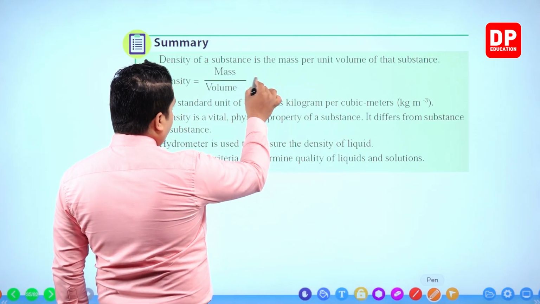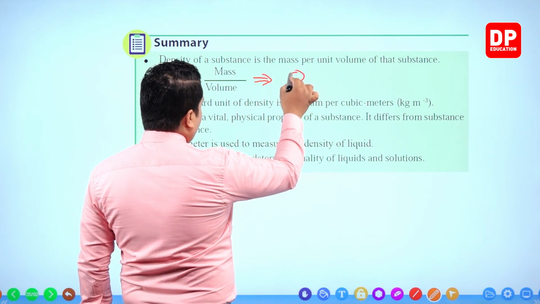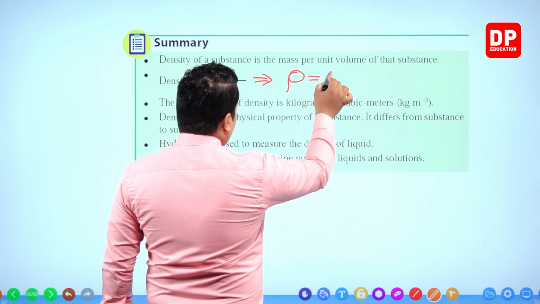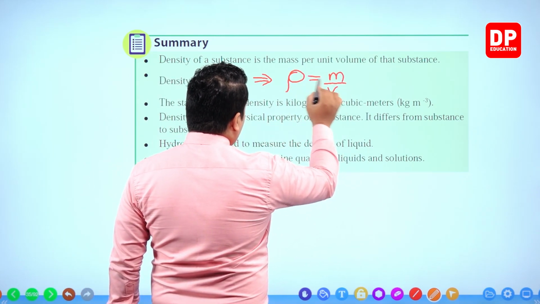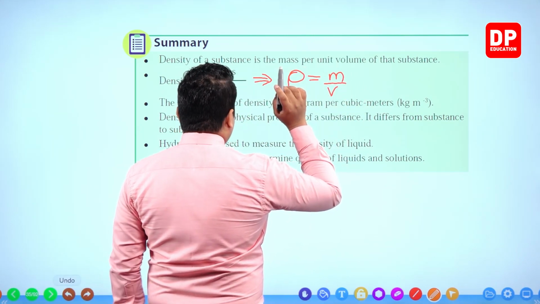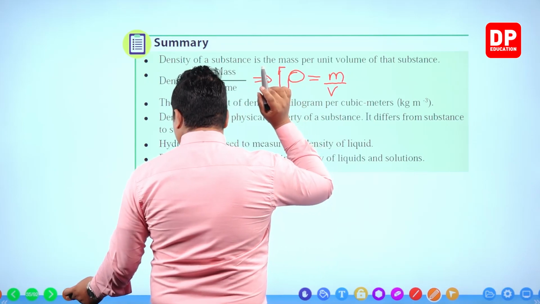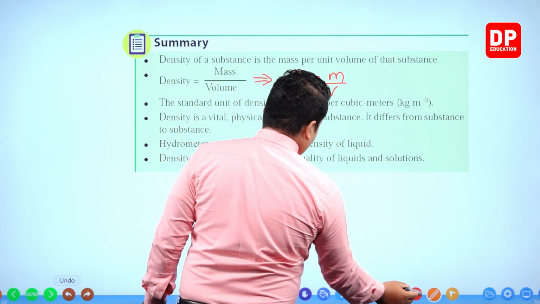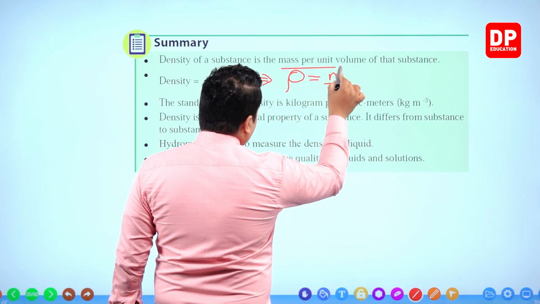We even use the formula rho equals m over v. Rho means the density, m is the mass, and v is the volume.